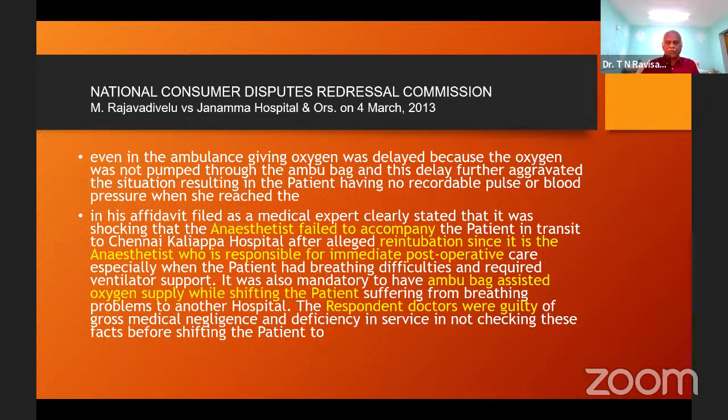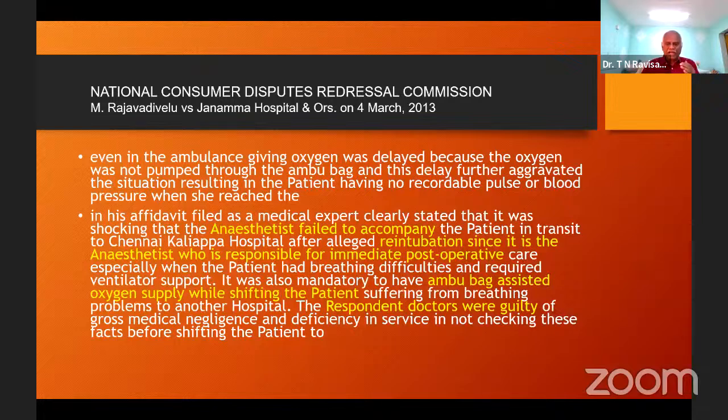When there is re-intubation, difficulty in respiration, I think the anesthetist will have to accompany, because at that point of time, the primary hospital probably does not have a ventilator. The anesthetist will have to accompany, intubated, and moving the patient, whatever way it is. When the patient has breathing difficulty, giving oxygen with the ambu is very, very important.